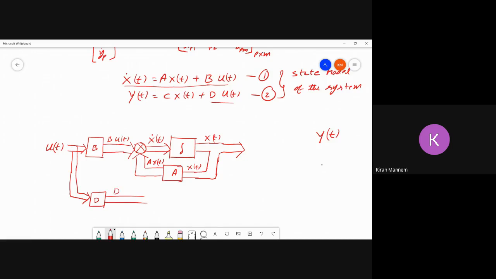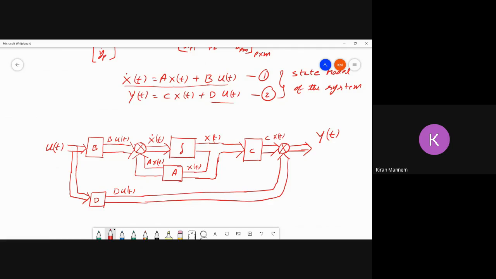Now we got D into U of t, and we have X of t, and you multiply with C here, right? So the output would be summed up, that is C into X of t, right? So what is this? Y of t.